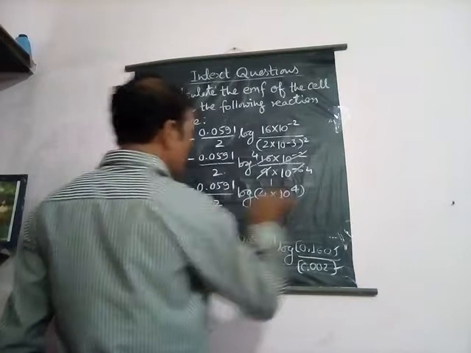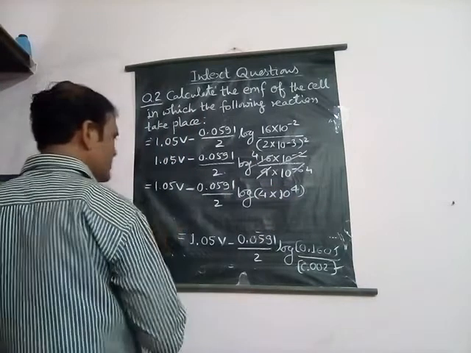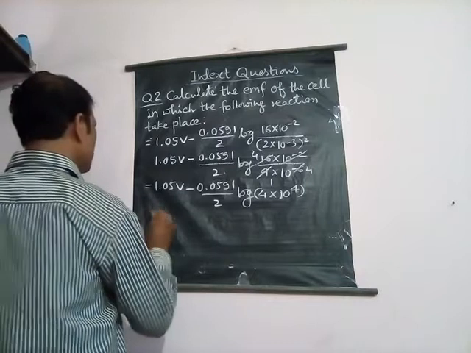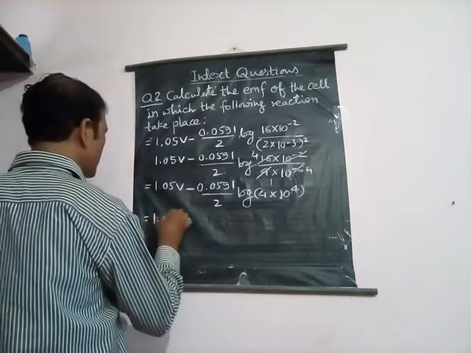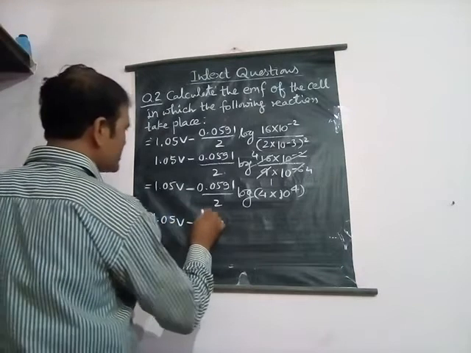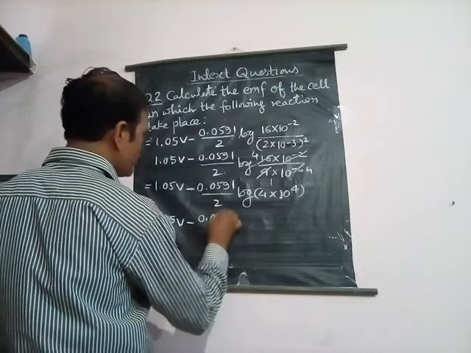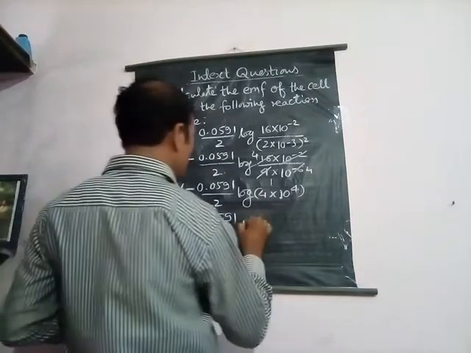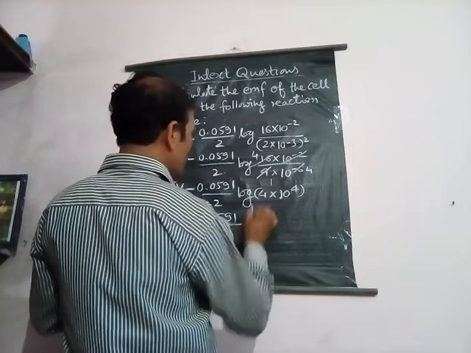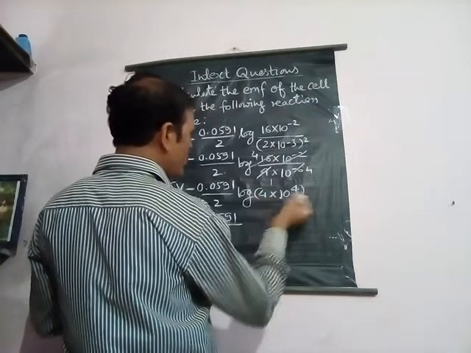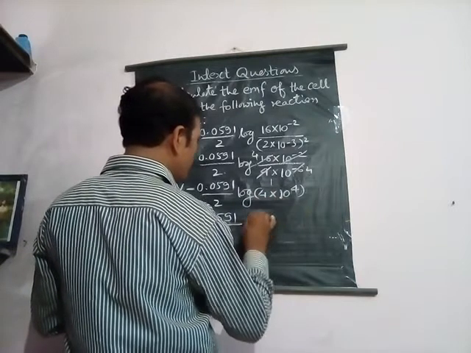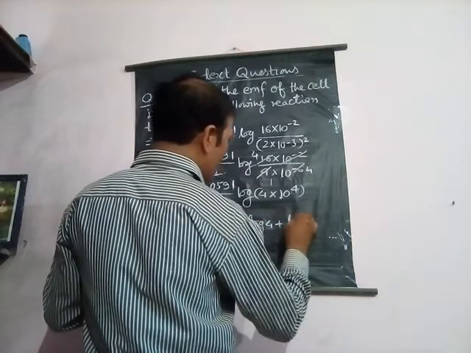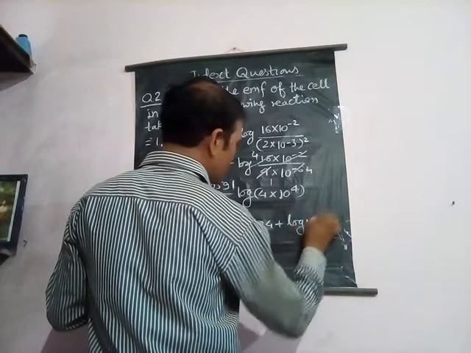And on removing the log, what will we get here? We will get 1.05 volt minus 0.0591 divided by 2, and taking log inside the bracket, that will be log 4 plus log 10 to the power 2.